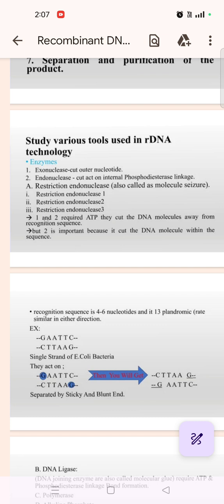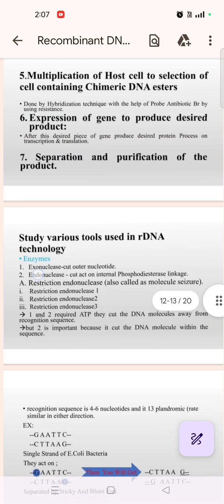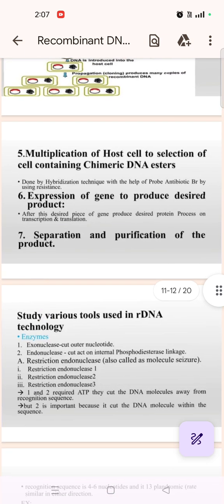The last one is clone hybridization. In this method, the rDNA can be identified by mixing with a radio-labeled complementary mRNA. The rDNA of the transformed cell base pairs with the mRNA.